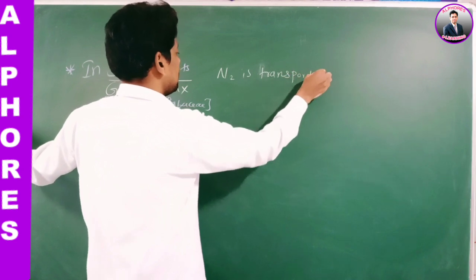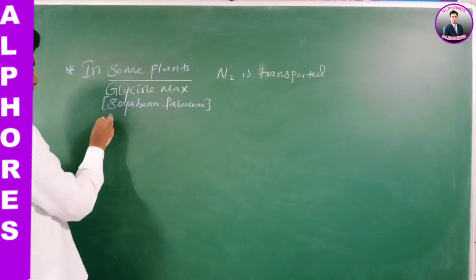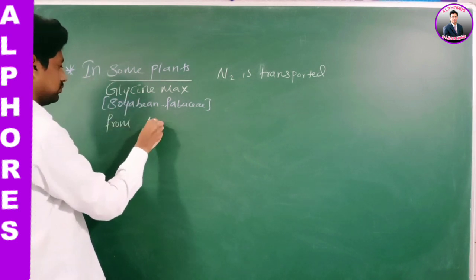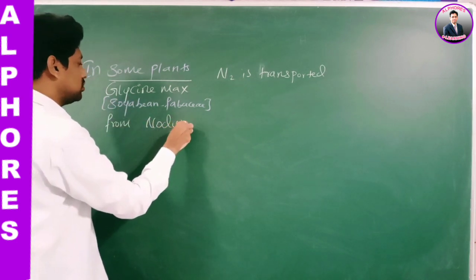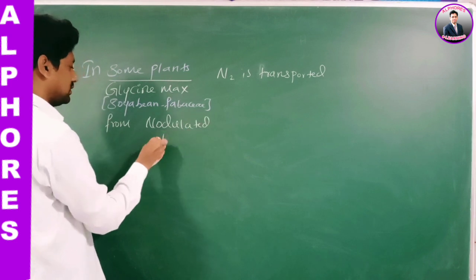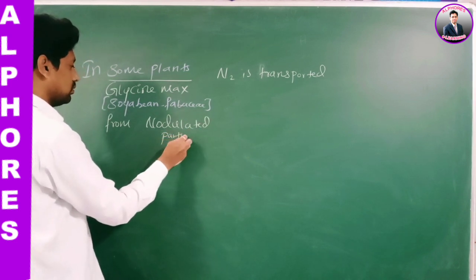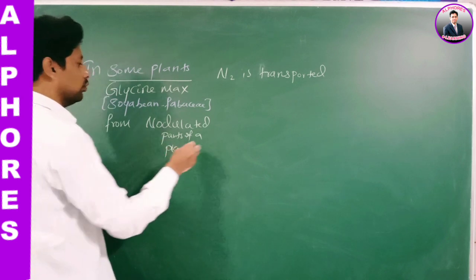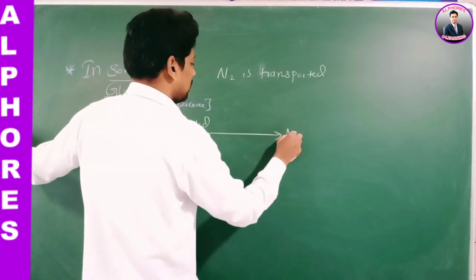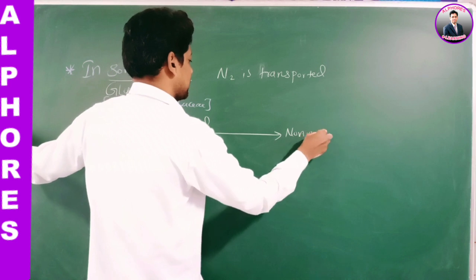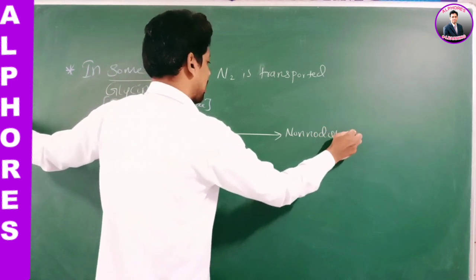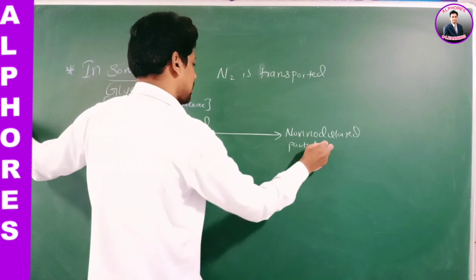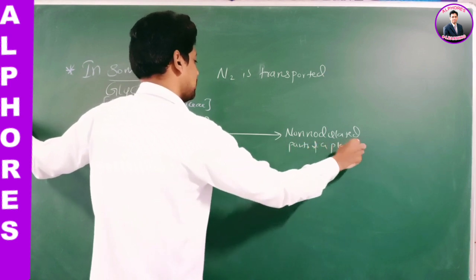Nitrogen is transported from where to where, sir? From nodulated parts of a plant to non-nodulated parts of a plant.